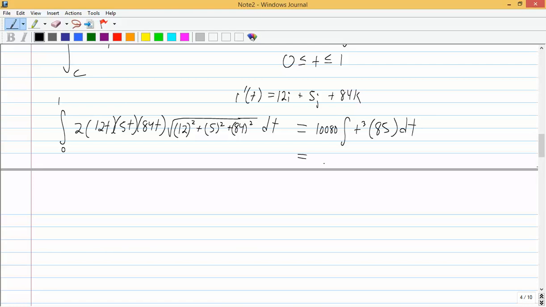Alright, so this is going to be 856,800. That's what you get when you bring that out front. And then this is going to be t to the 4th over 4. Evaluate from 0 to 1. So it's going to be 1 minus 0, or 1/4 minus 0. And when you divide that by 4, you're going to get 214,200.